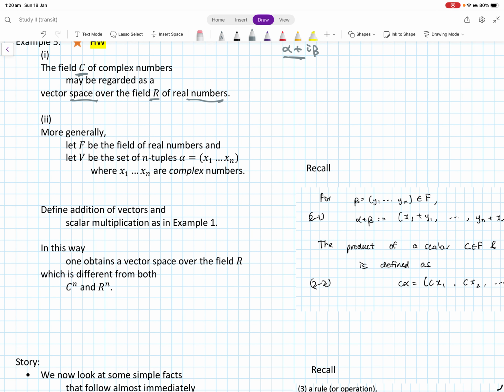The next part is the following. More generally, let F be the field of real numbers, and V be the set of n-tuples (x1, ..., xn), where x1 to xn are complex numbers.